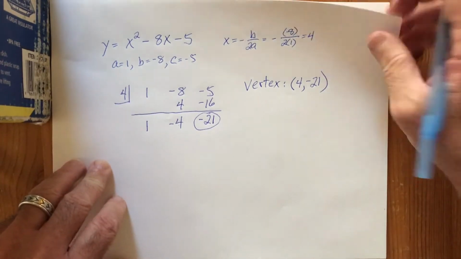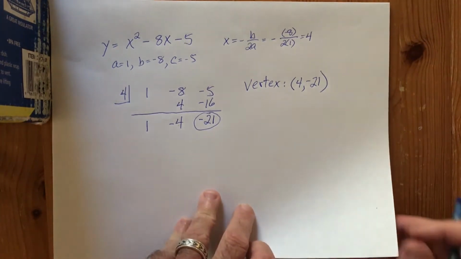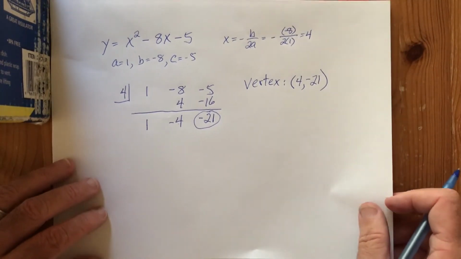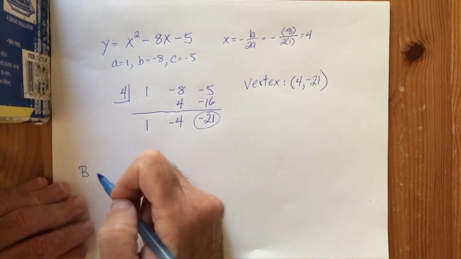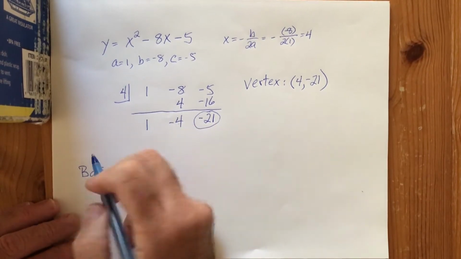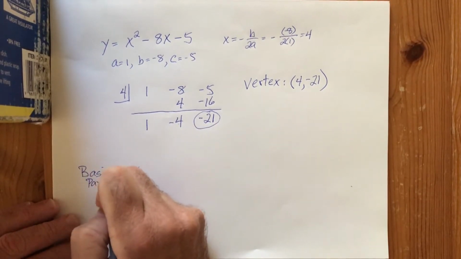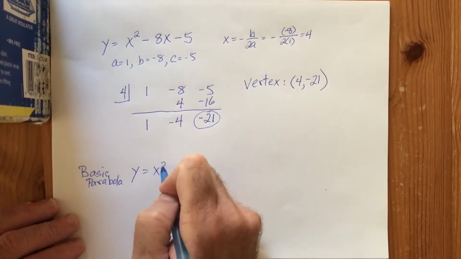So now we're going to use this to plot points in a t-chart. Now, before beginning our t-chart, I want to remind you that our basic parabola is y equals x squared.